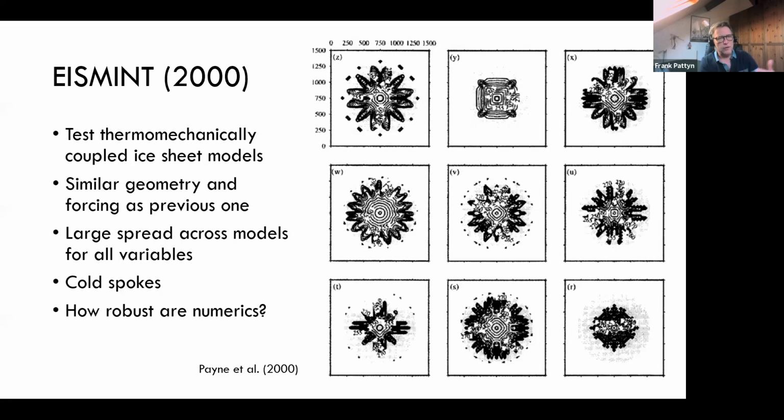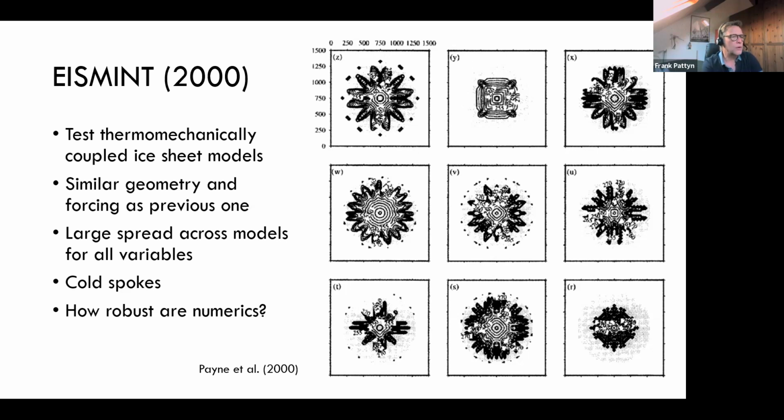Another of these set of experiments, because there were several of them, was the thermomechanically coupled case. So in this case, not only temperature was calculated, but it also influences through the Arrhenius relationship the rheology of the ice. And that was a same series, same set of experiments, similar geometry. It had a slightly higher resolution of 25 kilometers.